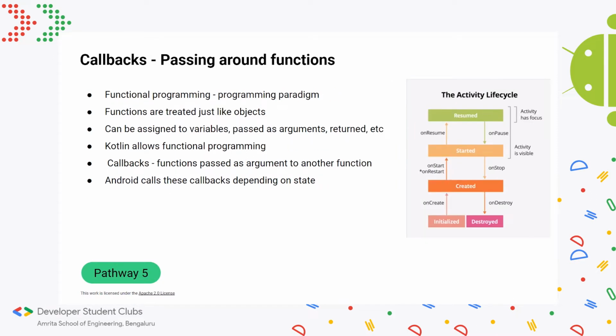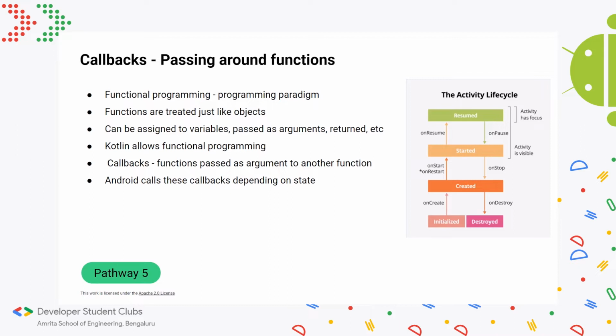So a callback is basically passing around functions. People who are coming from Java know that Java is an object-oriented language where everything is treated as an object. But Kotlin and JavaScript have something known as functional programming. It's another programming model, just like object-oriented programming, with one very fundamental change.